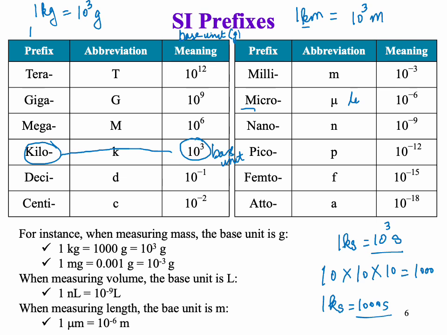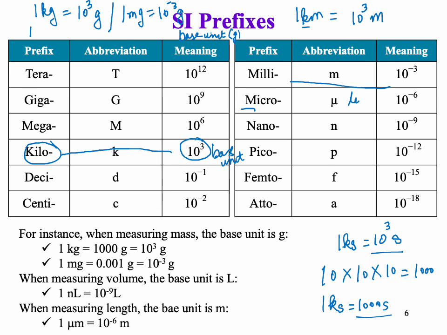with the base unit. So for example, if we want to know a relationship between milli with its base unit, the relationship is right here. 1 milli of anything is 10 raised to power minus 3 of that. So for example, if I'm measuring mass, my base unit will be grams. So 1 milligram is equal to 10 raised to power minus 3 grams. 10 raised to power negative anything means it's 1 over 10 that many times.